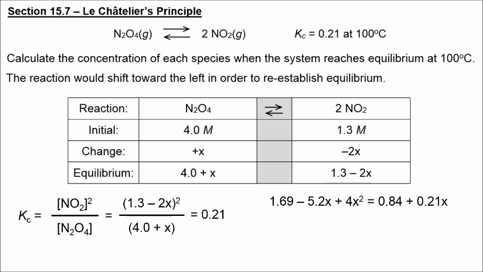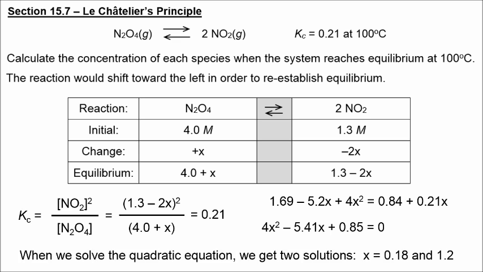We do the math, which involves the quadratic, and when we solve for x, we get 2 solutions, one of which is the nonsense solution. That's the 1.2. It's not possible to have a negative concentration at equilibrium, so 0.18 is plugged in, 4 plus 0.18, so 4.18 moles per liter for the new concentration of N2O4, and then 1.3 minus 2x will give us 0.94 for the concentration of NO2 when equilibrium has been re-established.